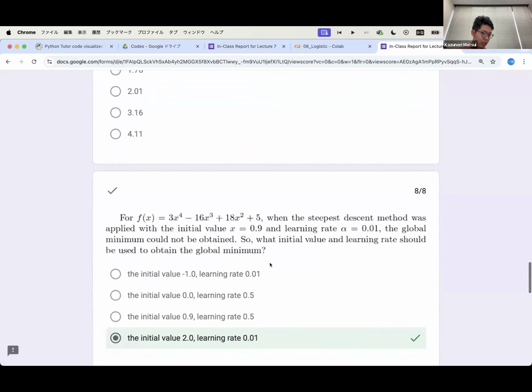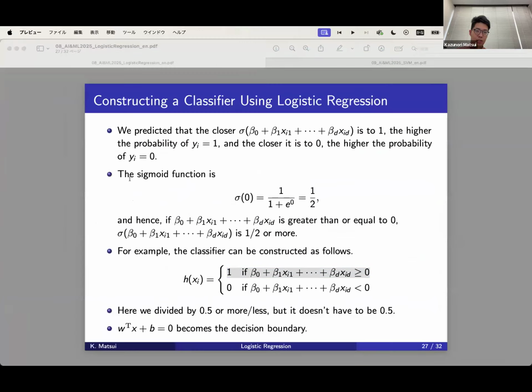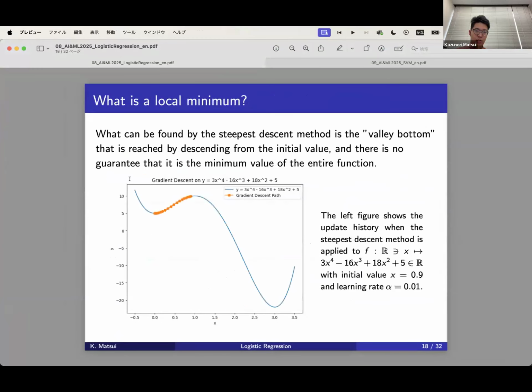Next is a problem about the steepest descent method. This function appears in the slide here, this function. And the graph of y equals f(x) looks like this. Of course, you could try all four patterns and you would get the answer.